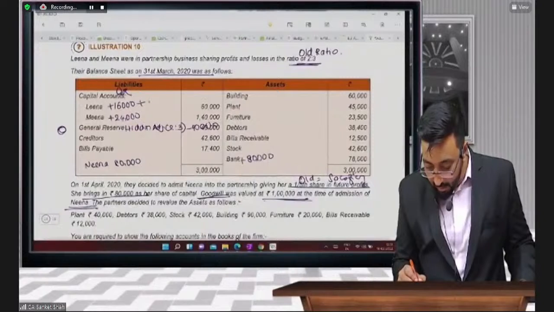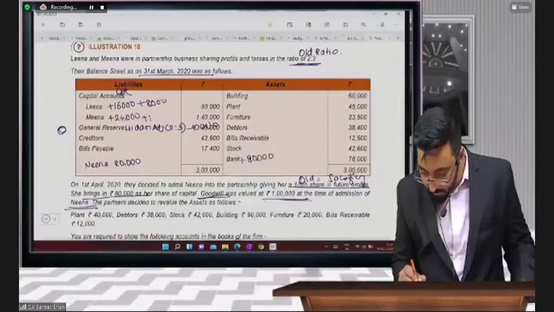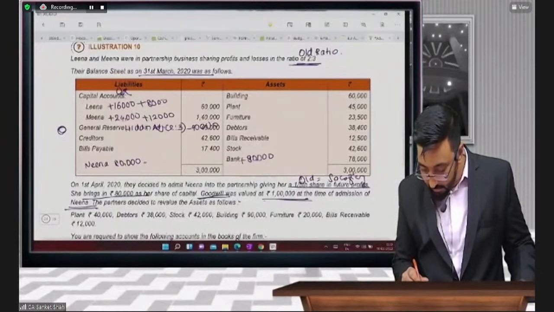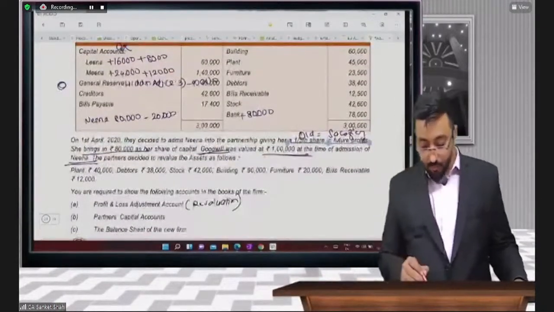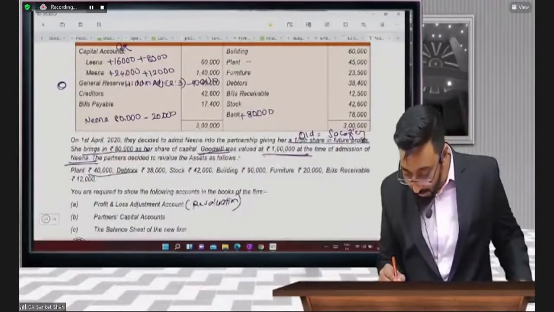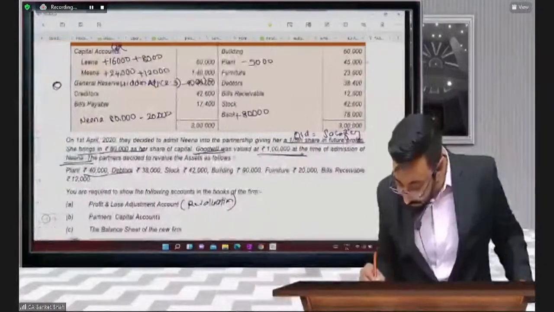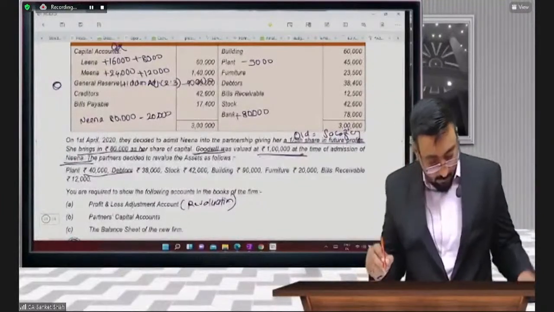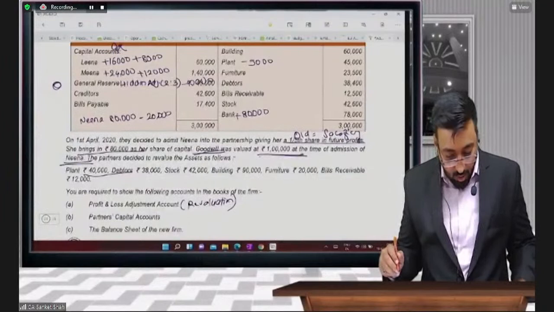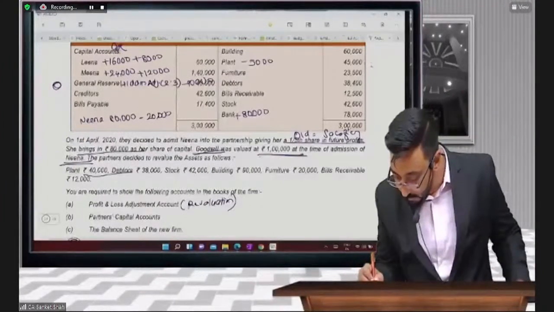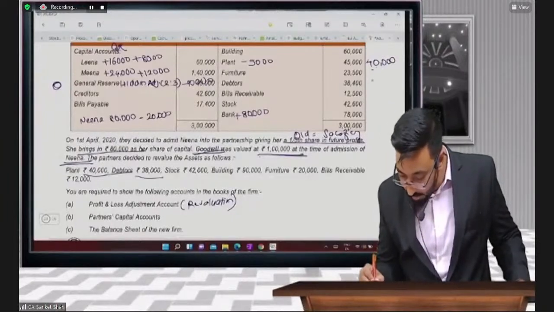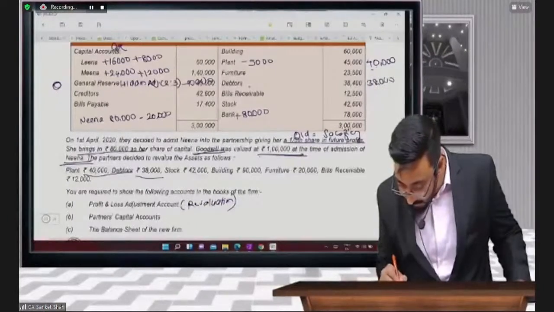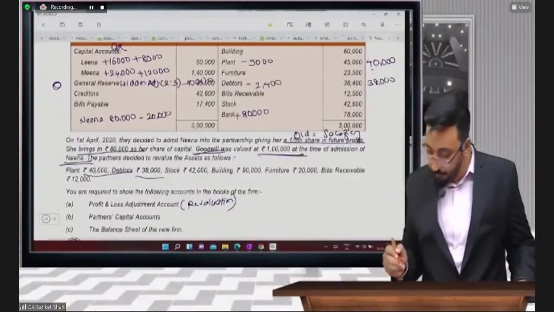So how much will I add in Lina? 8,000, and in Meena 12,000, and minus 20,000. Okay. Plant 40,000, so minus 5,000. Plant is 40,000. Very good, beta. Debtors 38,000, we will give the second effect afterwards.